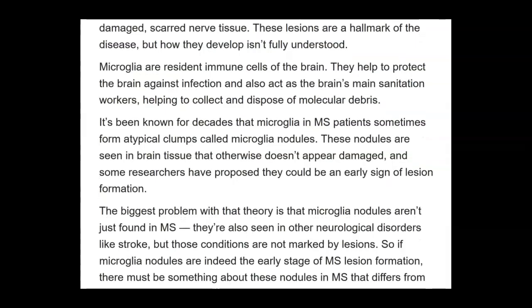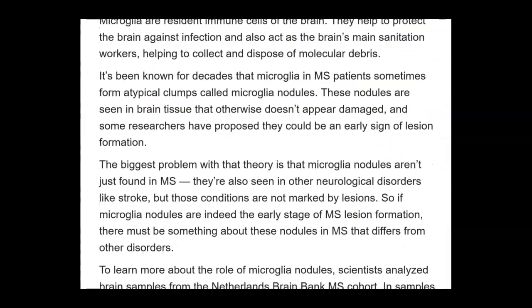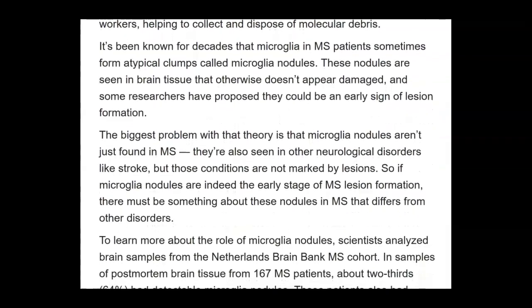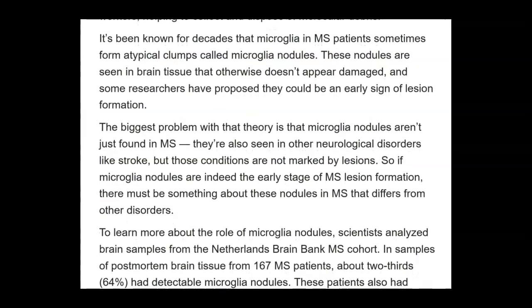And they go on to say it's been known for decades that microglia in MS patients sometimes form atypical clumps called microglia nodules. These nodules are seen in brain tissue that otherwise doesn't appear damaged, and some researchers have proposed they could be an early sign of lesion formation.